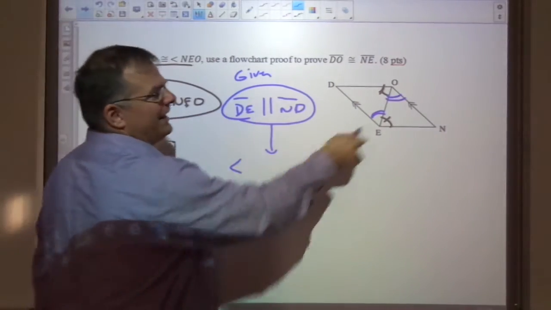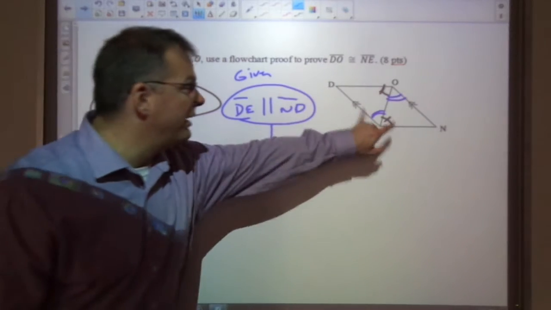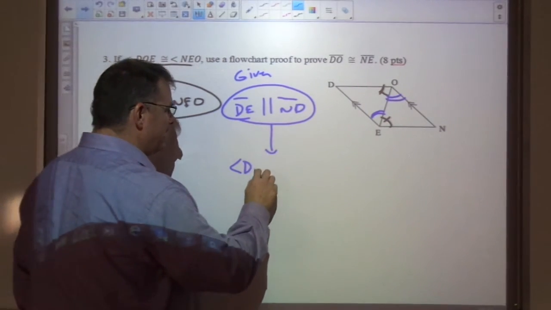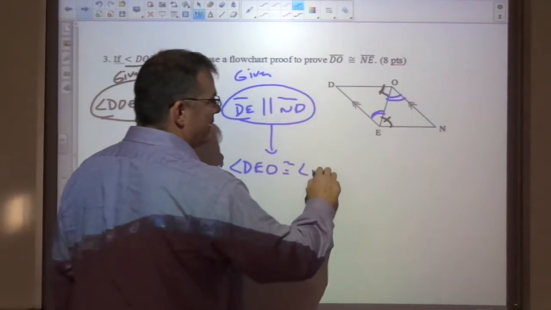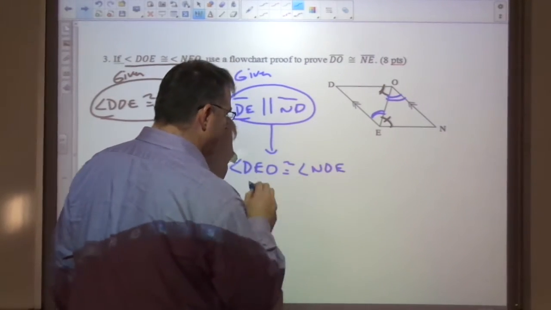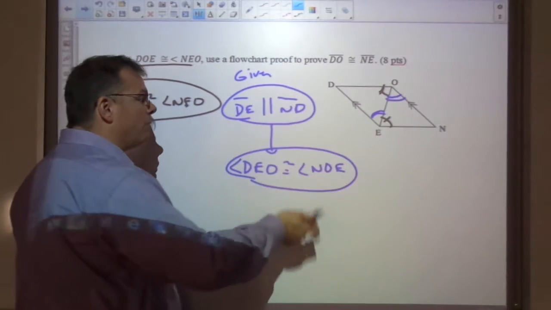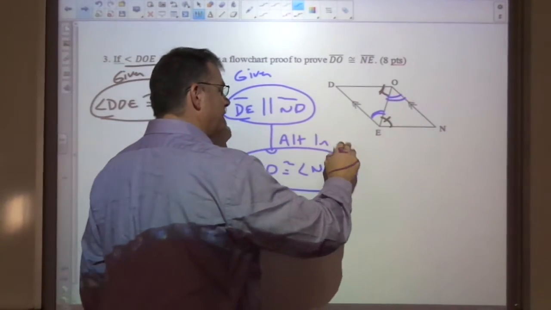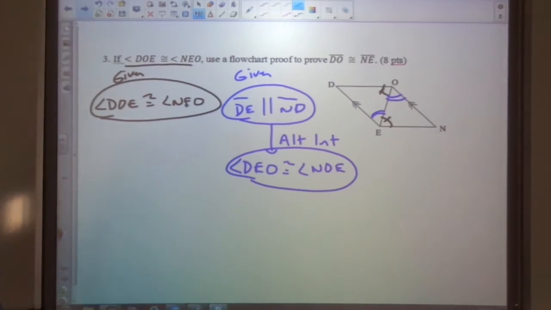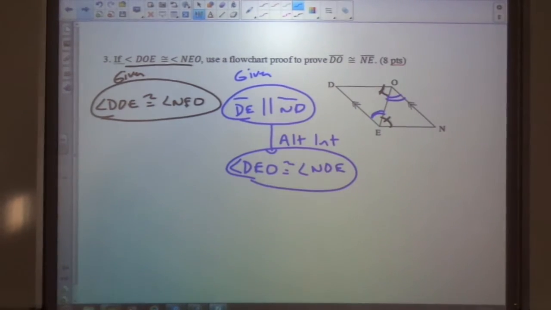So let's call it, I can't just say angle E because there's two angle E's, so let's call it DEO has to be congruent to NOE. And the reason I know those have to be equal is because the lines are parallel and these are alternate interiors. So now I've got two angles, I need one more thing.